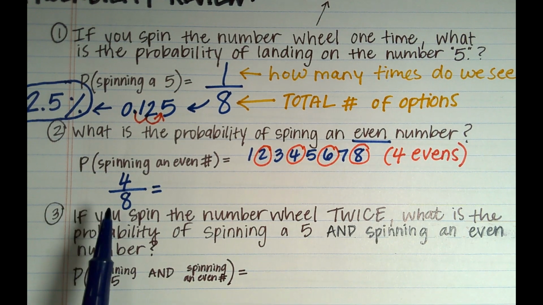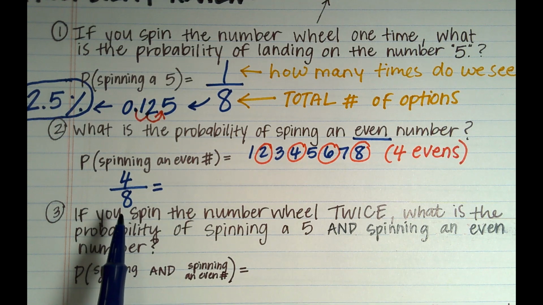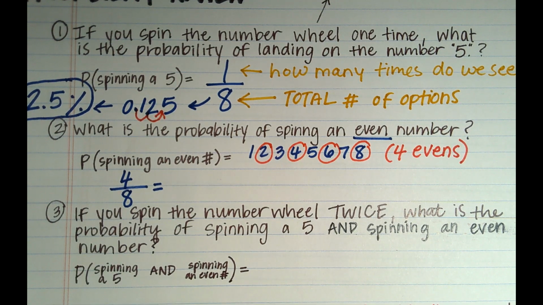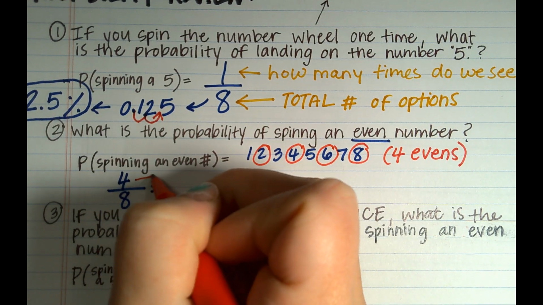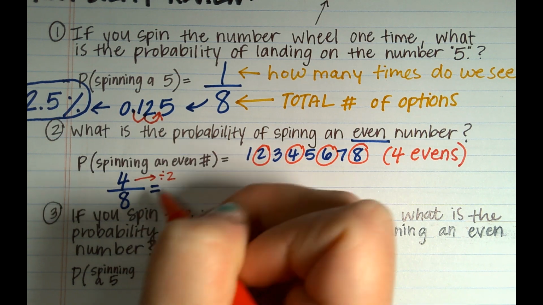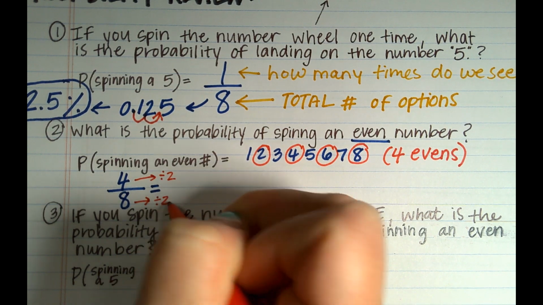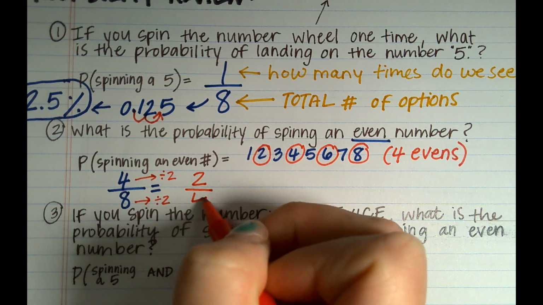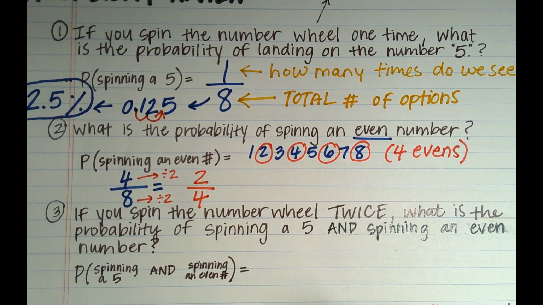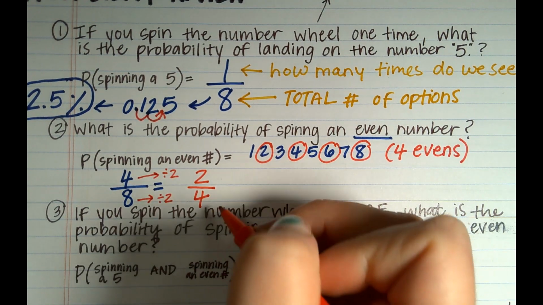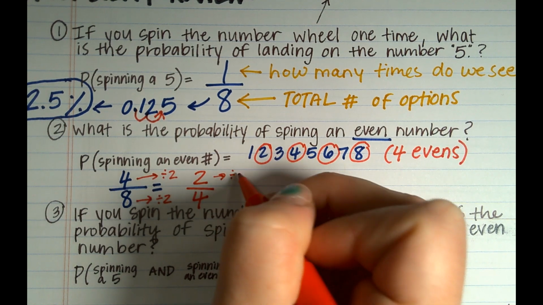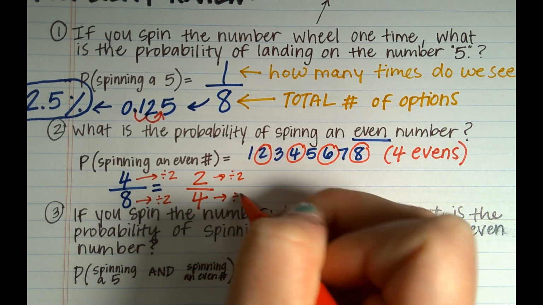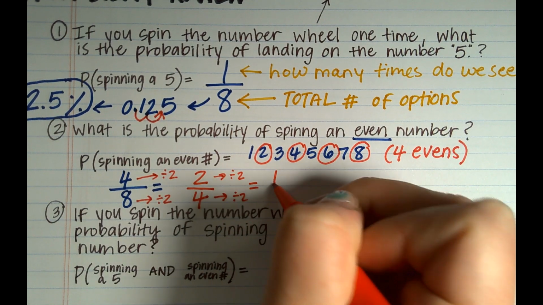Could I simplify this? I could divide both of these by what? By 2. I could do that. So I'm going to divide by 2, and now I have 2 over 4. Could I simplify again? I sure could. I could divide by 2 another time. And I'll get 1/2.